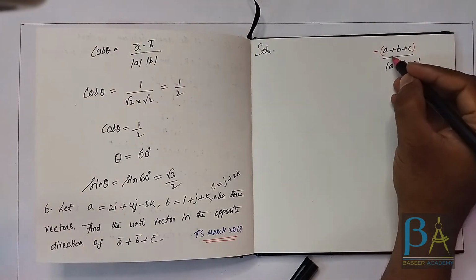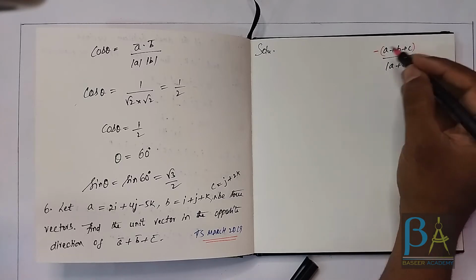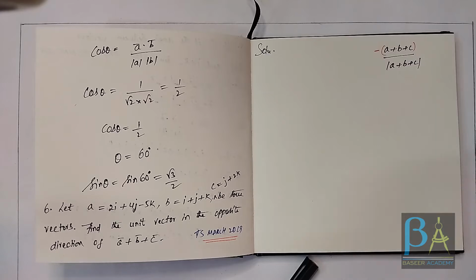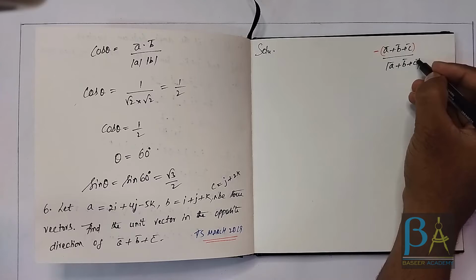So the unit vector in the direction of A plus B plus C is A plus B plus C by modulus of A plus B plus C. For opposite direction, you have to just keep a minus sign here. So what am I ideally going to do?